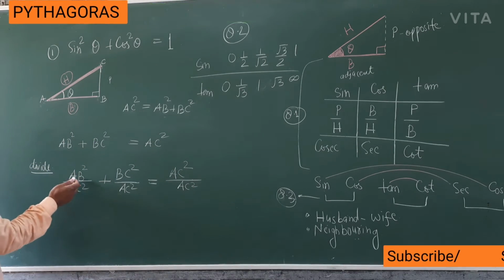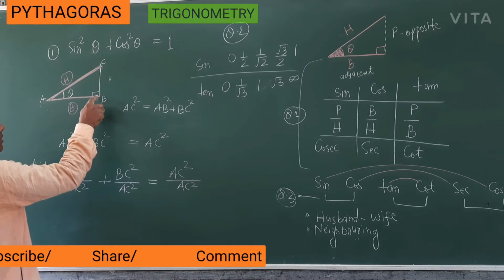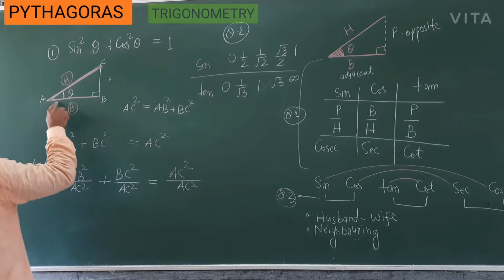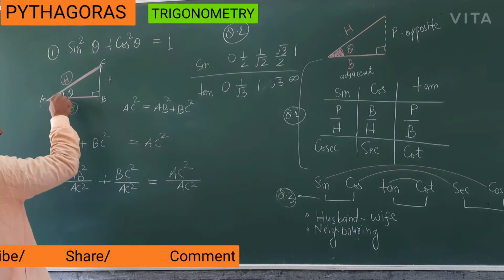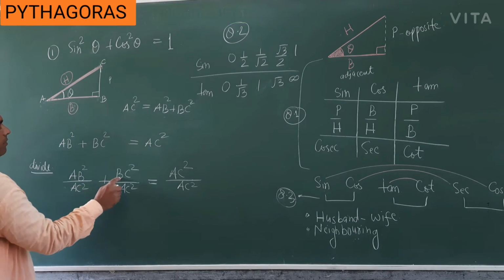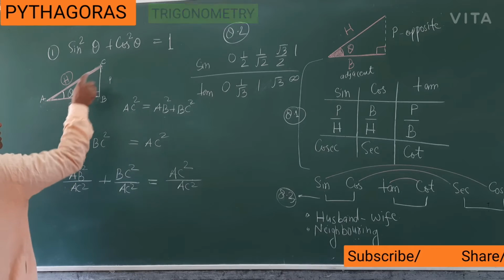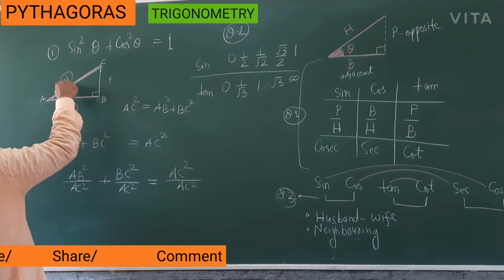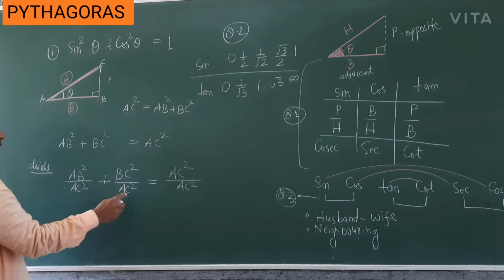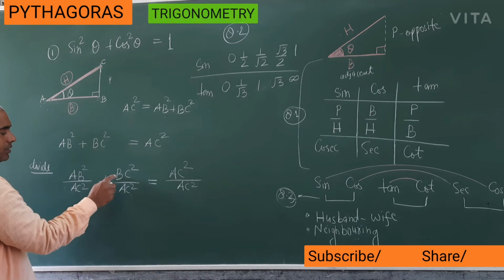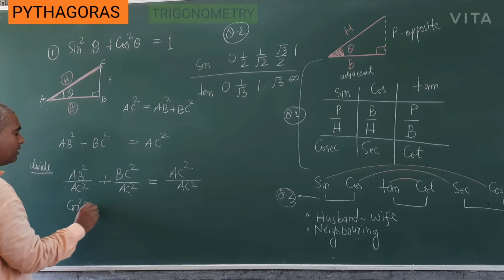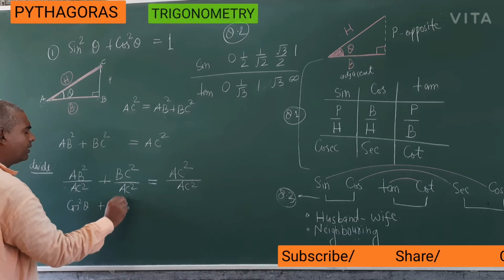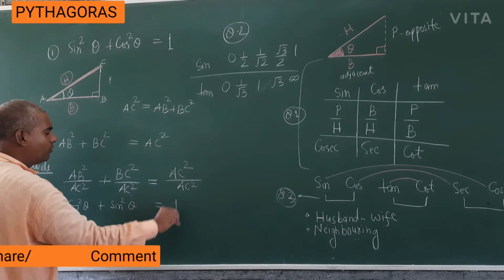So AB upon AC, base by hypotenuse, means cos square theta, and BC perpendicular by hypotenuse, upon AC square, so this is sin square theta. So again you may have cos square theta plus sin square theta is equal to 1.